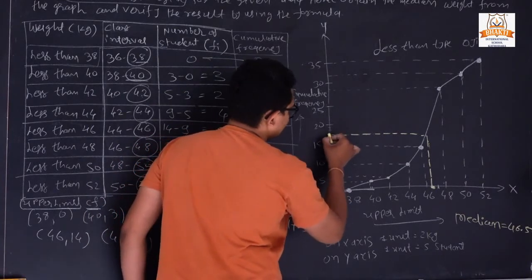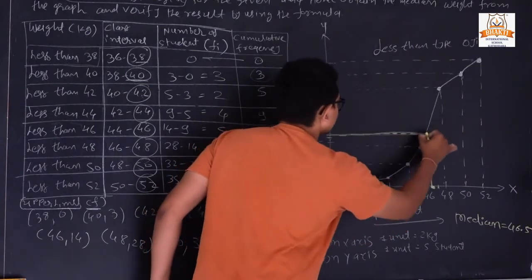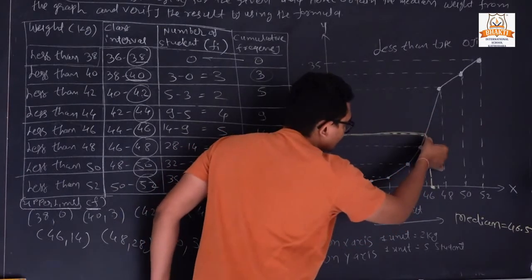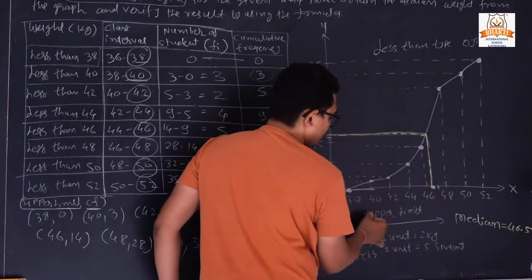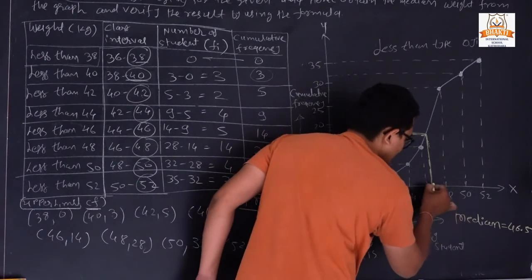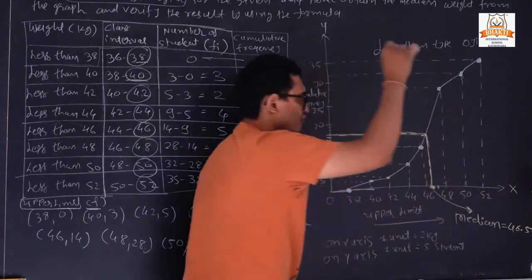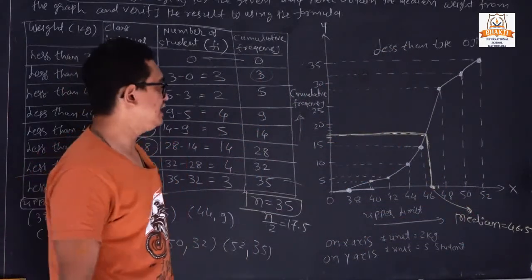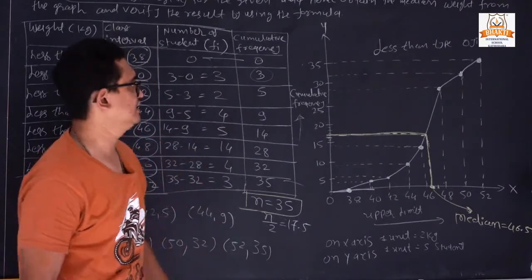So we can draw that line, and we can also draw one vertical line from that point. It intersects the upper limit axis here. So it shows the value of median. So the value of median is 46.5.